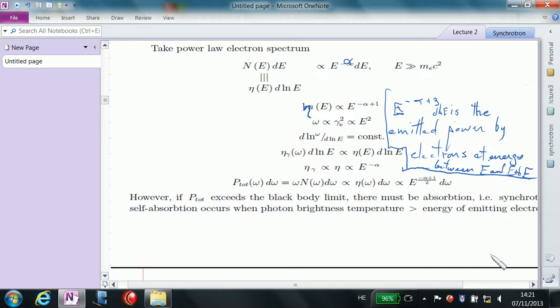Yeah, I'm not even sure this is right. Anyway, this is the rate of power emitted given the energy variable, which describes the electrons.